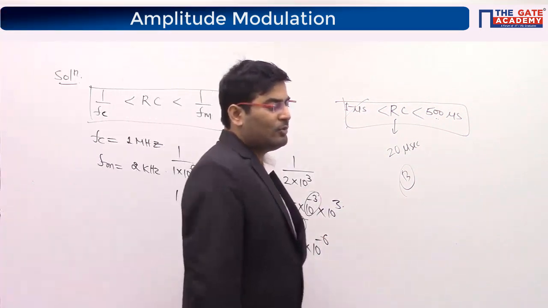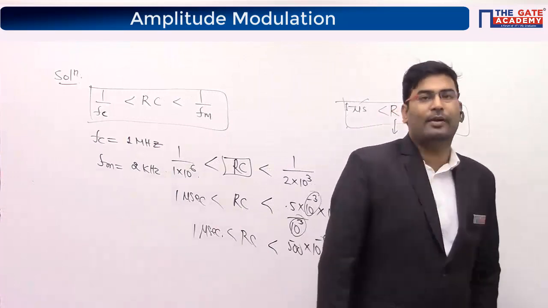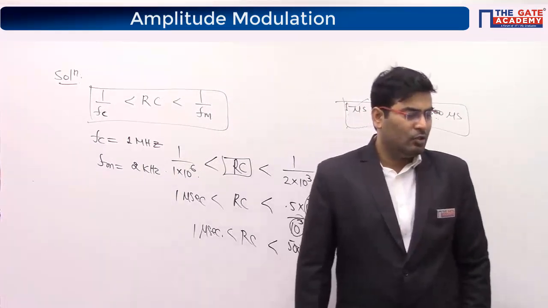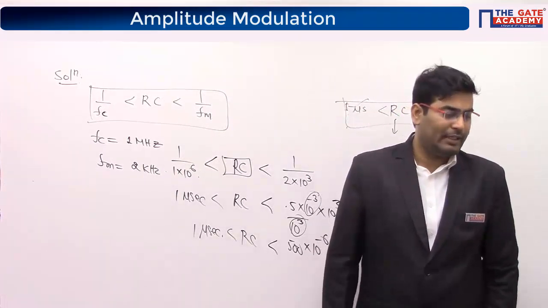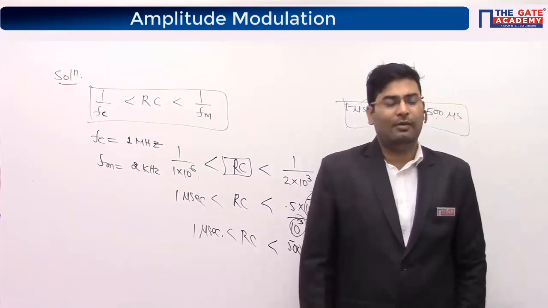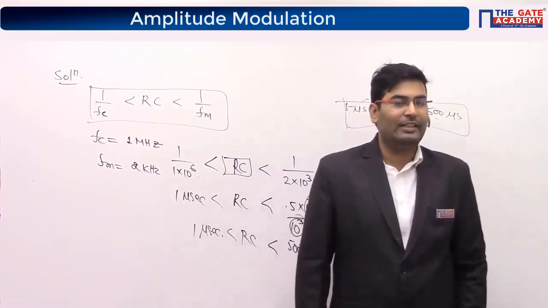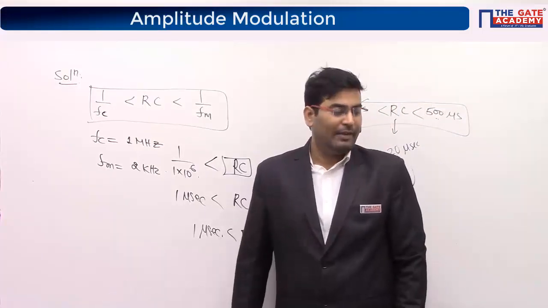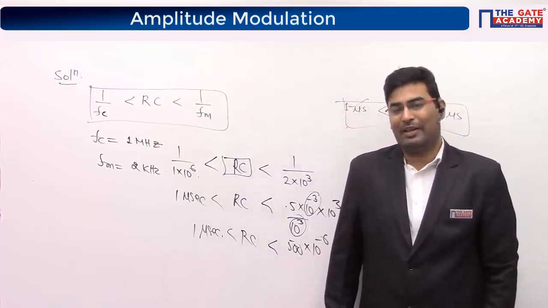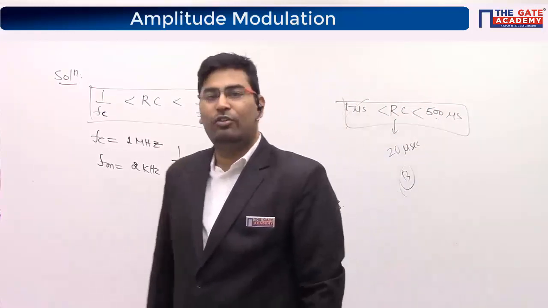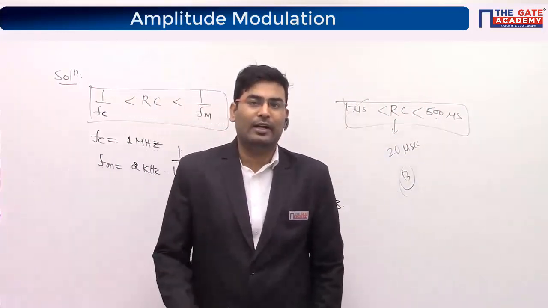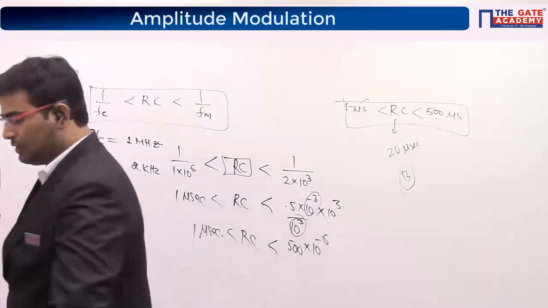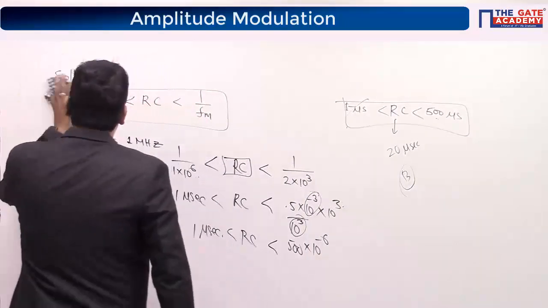Consider the amplitude modulated signal Ac cos omega c t plus 2 cos omega m t cos omega c t. For demodulating the signal using an envelope detector, the minimum value of Ac should be. You can clearly see that the envelope detector is a hit topic here. Even GATE is liking the topic a lot. They are asking a lot of questions, and we know why, because it is one of the most widely used detectors.